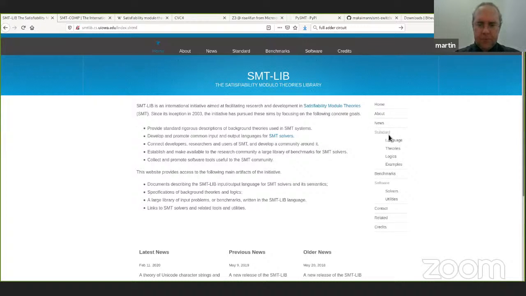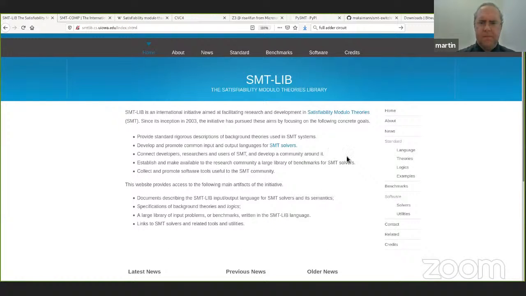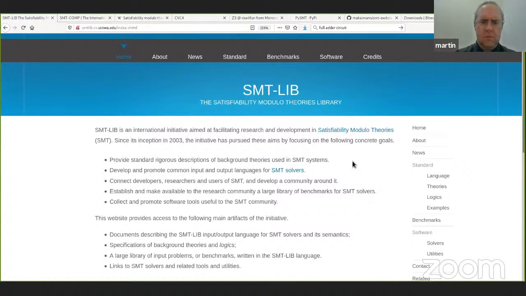Can everyone read the text as well? I don't know how well the text compresses. Maybe if you increase the font size a little bit, might help. How's that? Yeah, this is definitely okay.